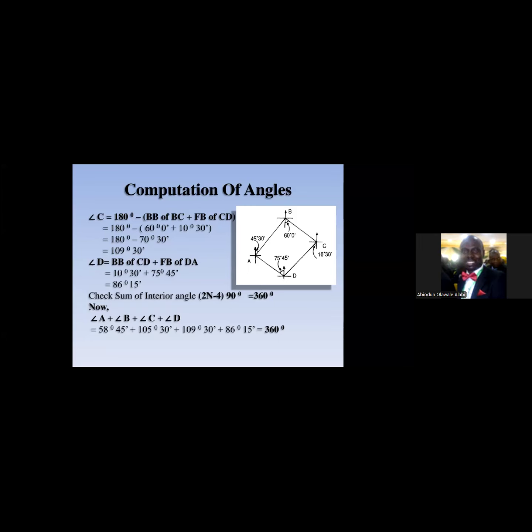That's what they are showing you here. And that is what they confirm after obtaining the interior angles, then they sum it together and everything gives 360.